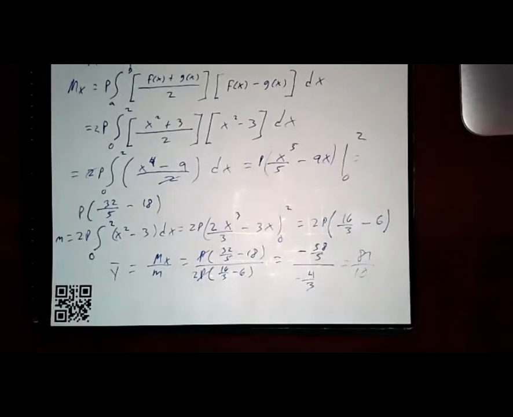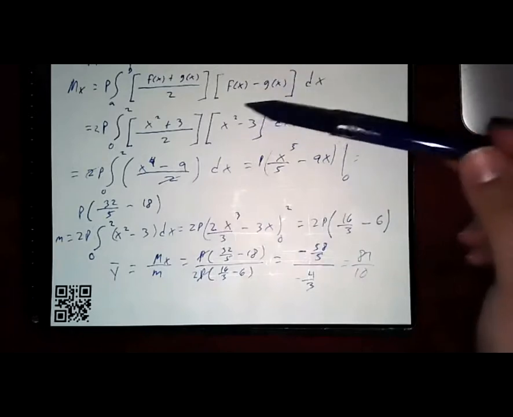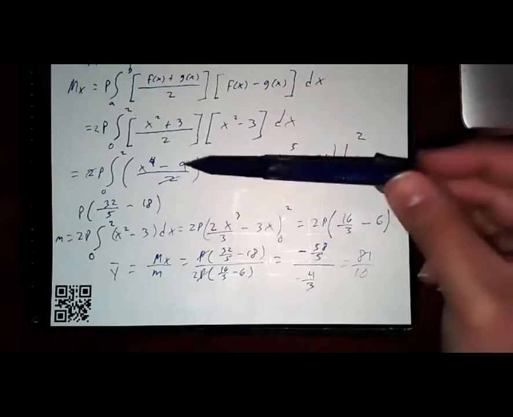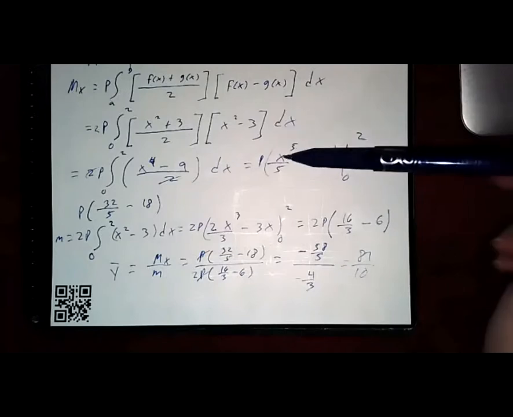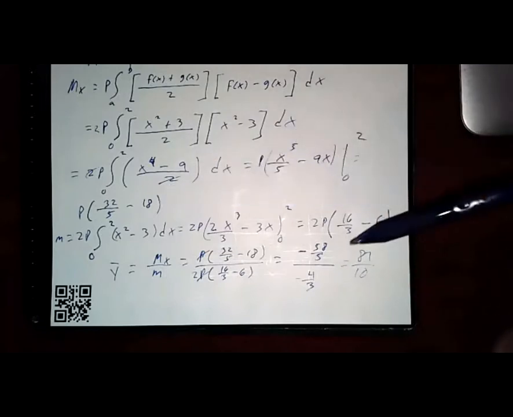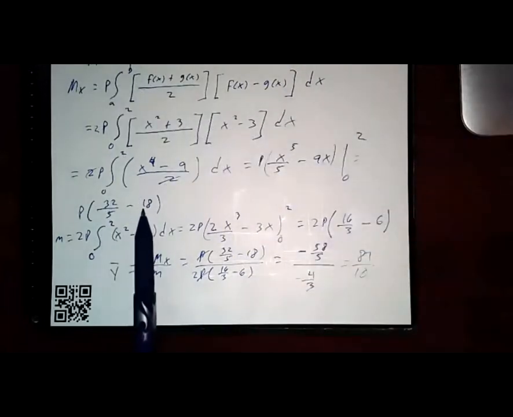I think that might be off. Let's check. Yeah, I'm a little off. Let me check my work. Squared minus 3. X to the fourth minus 9. That's right, the integral's good. 2 to that's 32/5, 32/5 minus 18.